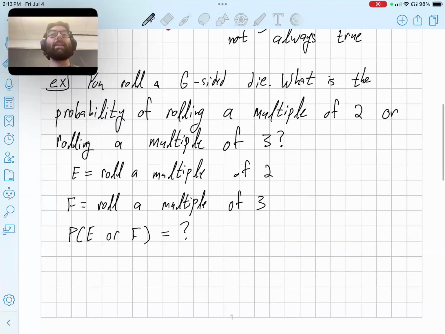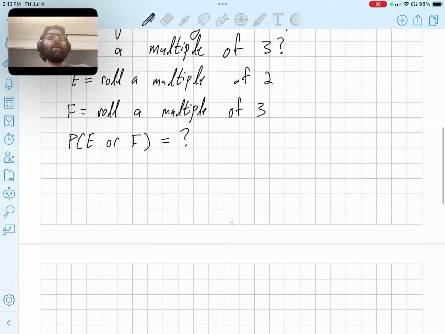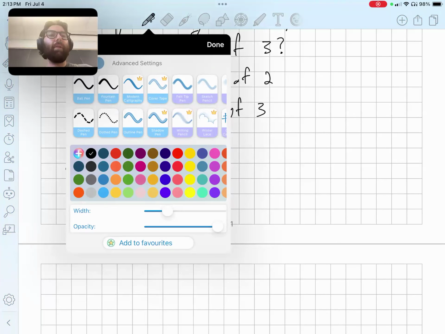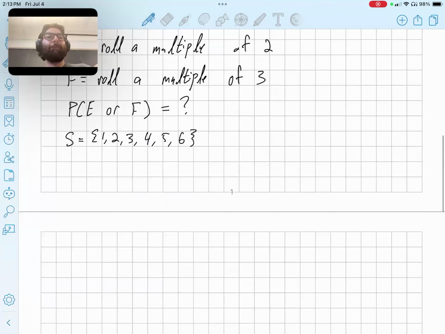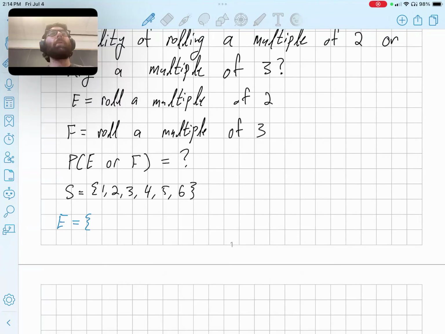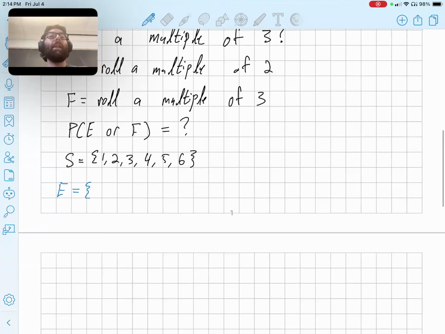So we're just rolling a six-sided die. And in this case, it's not hard to write out our sample space: 1, 2, 3, 4, 5, 6. If I color code a little bit, let's say blue is E. E is multiple of 2, which is the same as being an even number. From S, the numbers that are multiples of 2 are 2, 4, and 6.